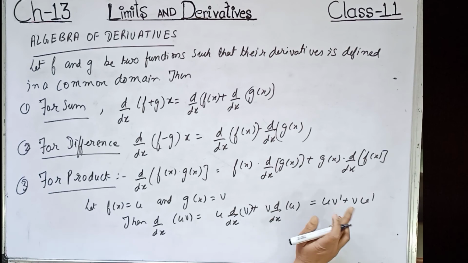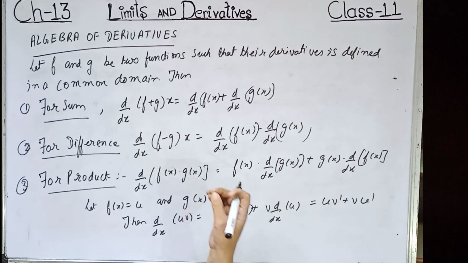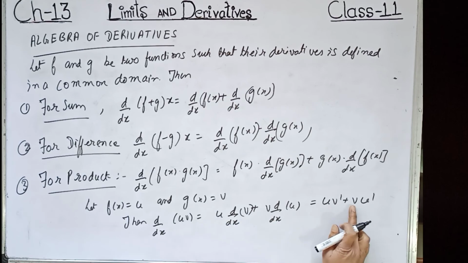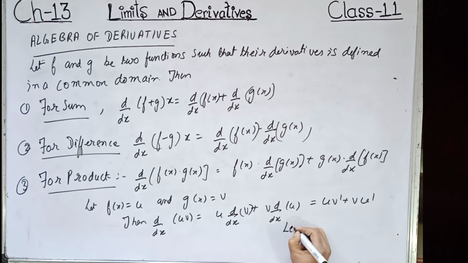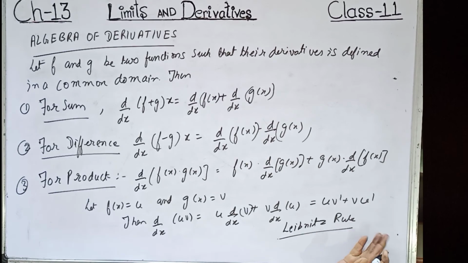I think now you are getting it, means in terms of u and v, it is written in a simplified form. Now this rule, d/dx of uv equals u v dash plus v u dash, is also called the Leibniz rule or Leibniz product rule, you can say.